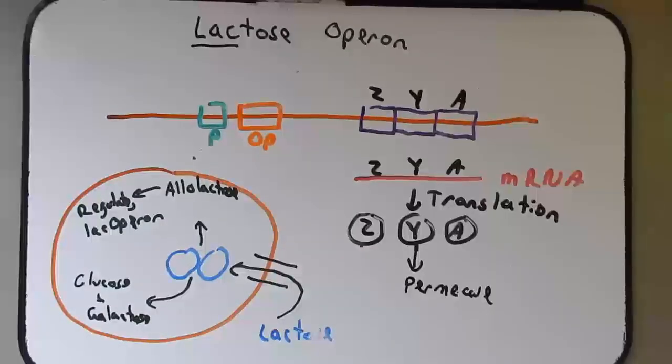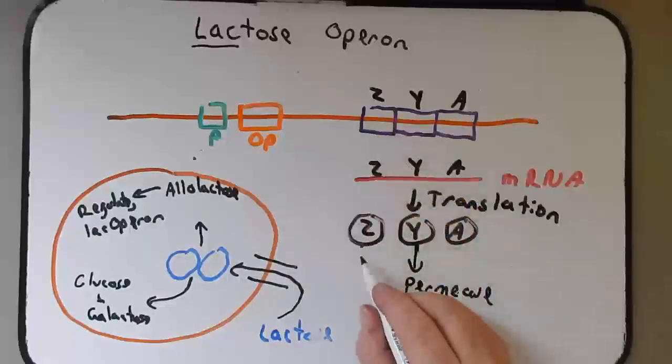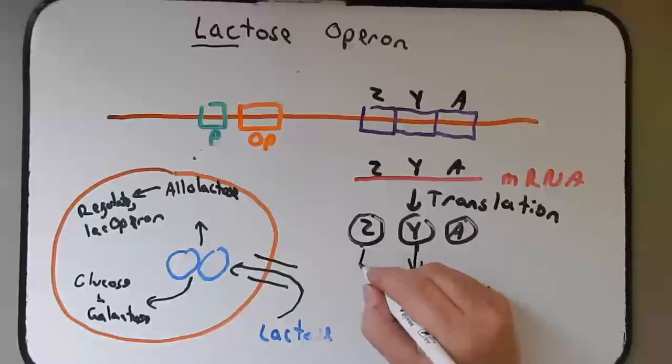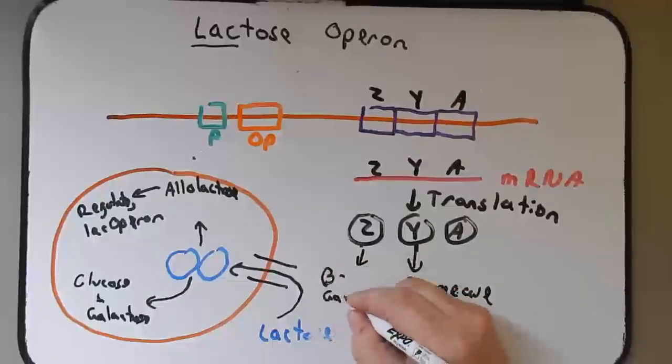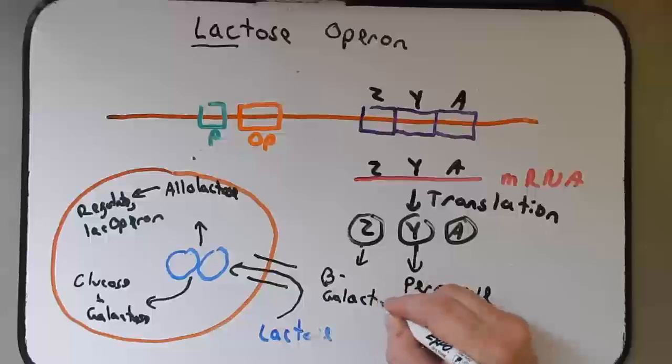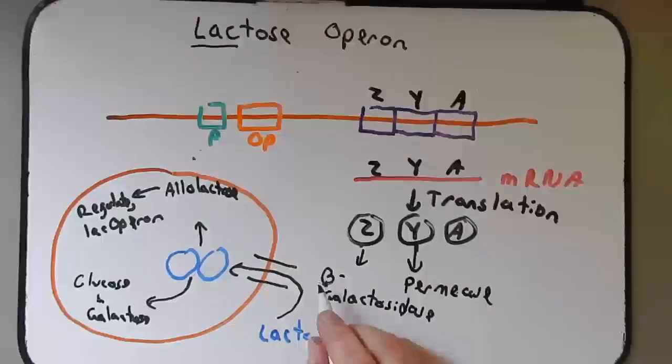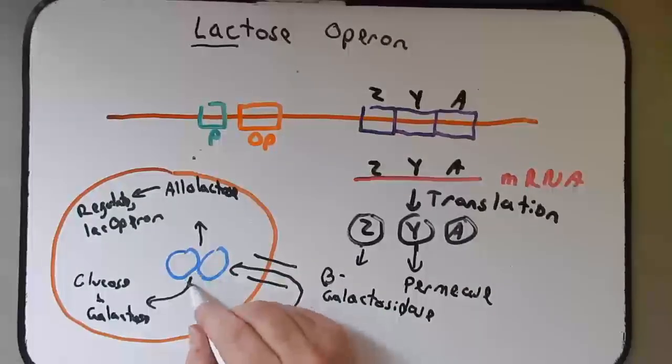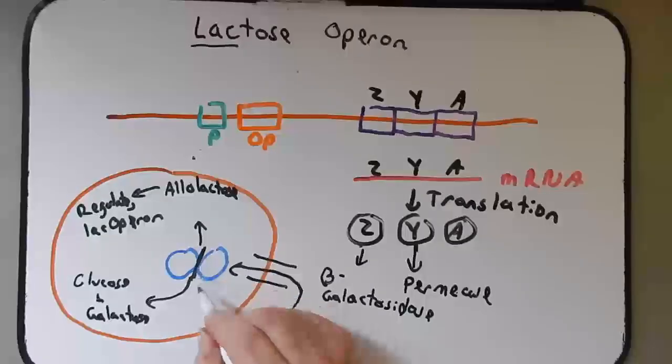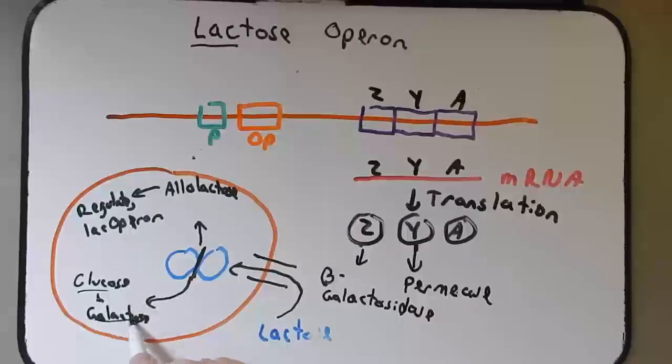And how does that happen? The LAC-Z gene here makes the LAC-Z protein, which is something we call beta-galactosidase. This beta-galactosidase is an enzyme that breaks this disaccharide in half, making the glucose and galactose, which are two monosaccharides that can now be readily metabolized inside of the cell.